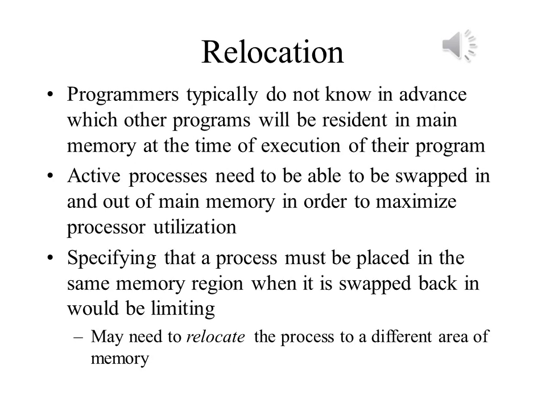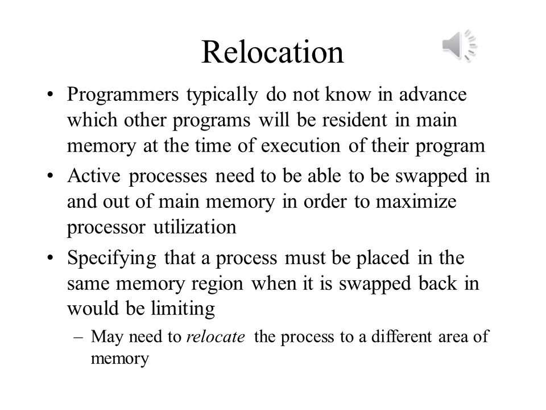In a multiprogramming system, the available main memory is generally shared among a number of processes. Typically, it is not possible for the programmer to know in advance which other programs will be resident in main memory at the time of execution of his or her program.